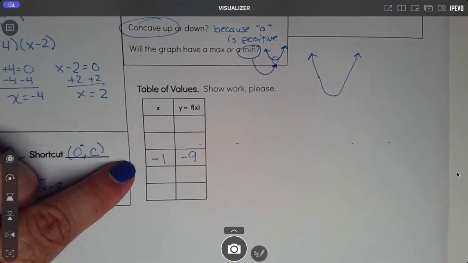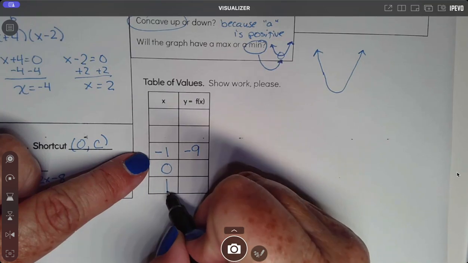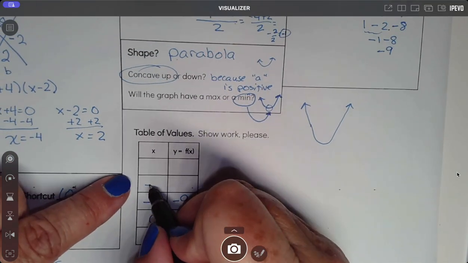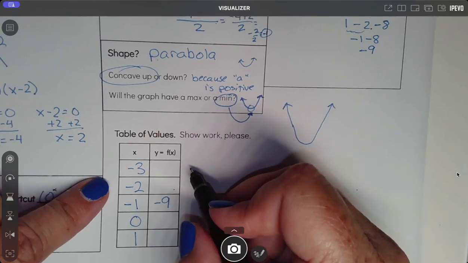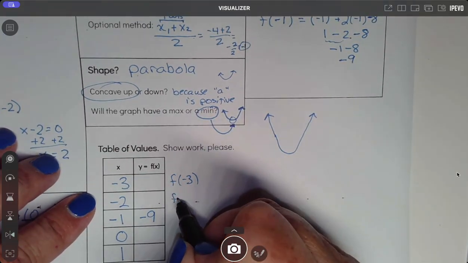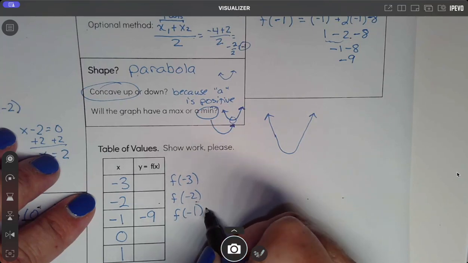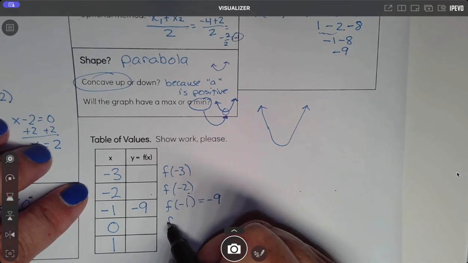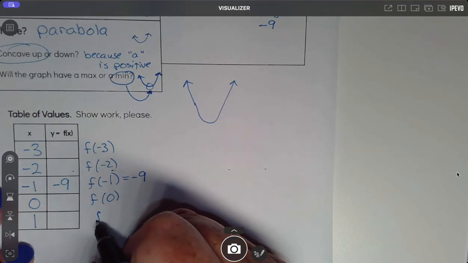So what I usually do is work my way up from -1: 0, 1. If I work my way to the left: -2, -3. Then I need to find f of -3, f of -2, f of 0, and f of 1. I don't have to find f of -1, I already did that: -9.